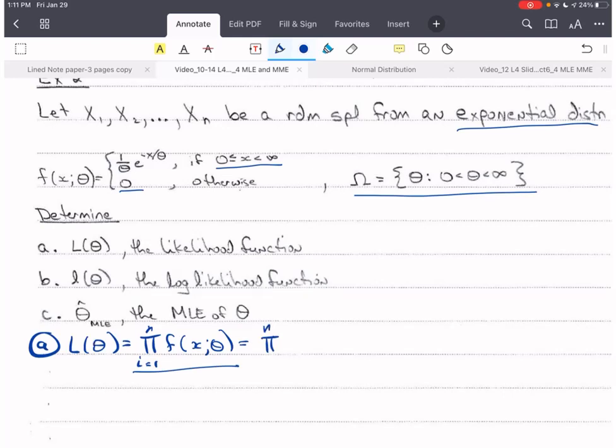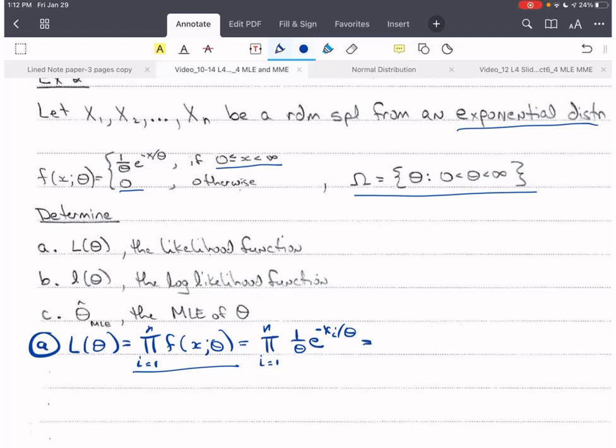This is i equals 1 to n of 1 over theta e to the negative xi over theta. Make sure you use the i for xi, or else you're not going to get the right answer here. You have to put in the xi, even though they're IID. We want to keep x1 separate from x2, etc.